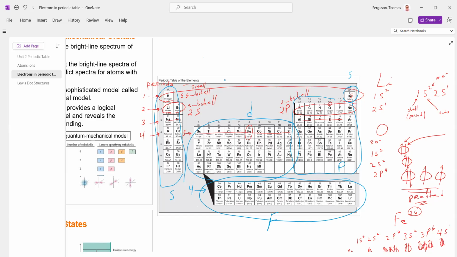So as you're going across, filling in these electrons, as soon as you hit this inner transition group here, you're going to drop down 1 in your numbering. These are part of the shell above. And the reason why it's this way is because these guys are more stable than these guys. Hence, it fills first. That's why the periodic table is set up this way. Okay, so we're not going to do F's in here, out of the scope of this class. You are going to have to do D's though.